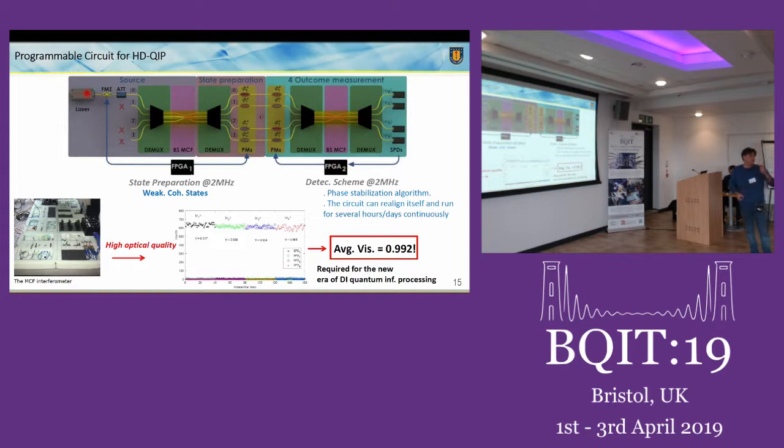Okay, cool. So about the path length, if you splice this device together, how do you make sure that the fibers are the same length? They are not spliced together. What do you mean?